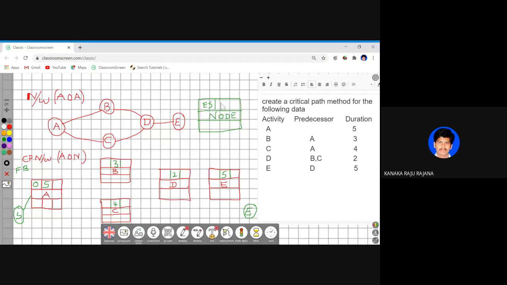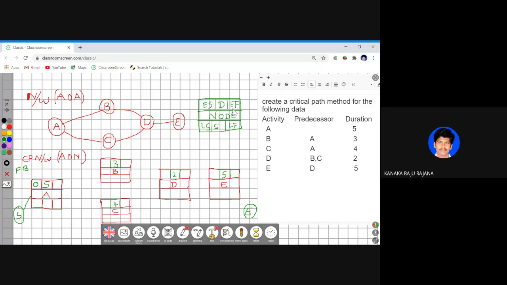Number two is duration. Number three is early finish. The lower parameters are late start, slack, followed by late finish. This is the node structure which we have learned in the last session.